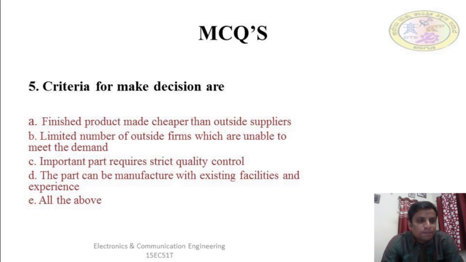Option D, the part can be manufactured with existing facilities and experience. Option E, all the above. Guess the correct answer. Criteria for make decision. Option E is the correct answer.